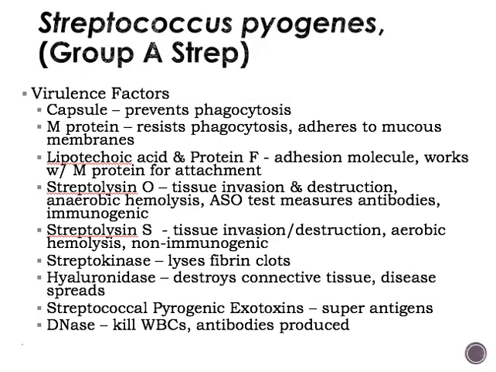It also produces something called streptokinase, which lyses fibrin clots. The testing for this virulence factor, this enzyme, is not specific for group A because other streps can also form streptokinase. Hyaluronidase is another enzyme. It destroys connective tissue, which helps to facilitate the spread of disease.